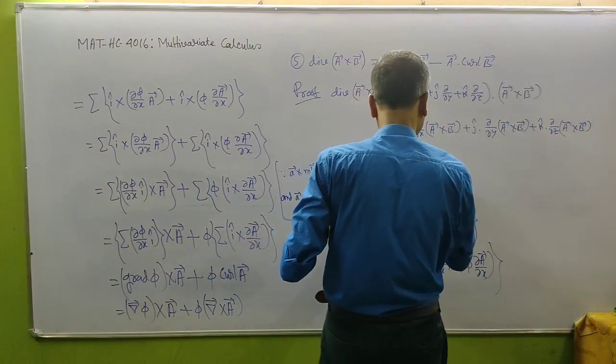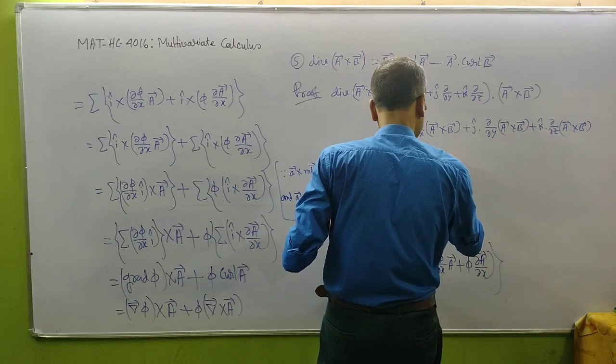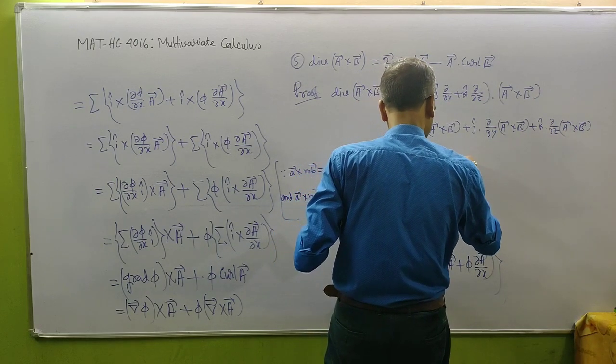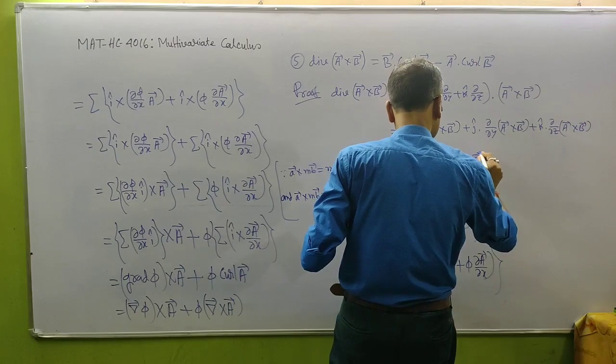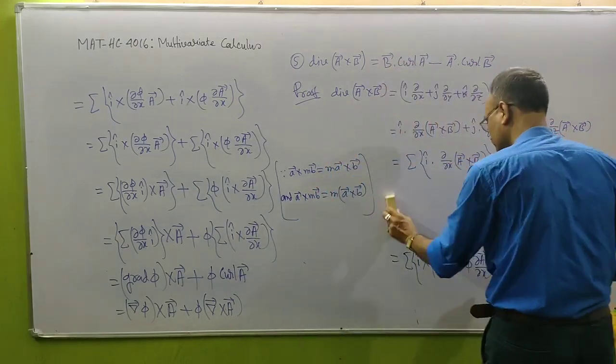This is equal to, you may write like that, del by del x of A cross B. You may write like this.